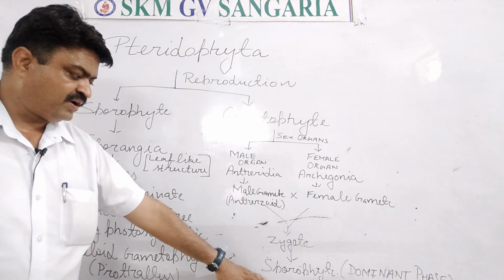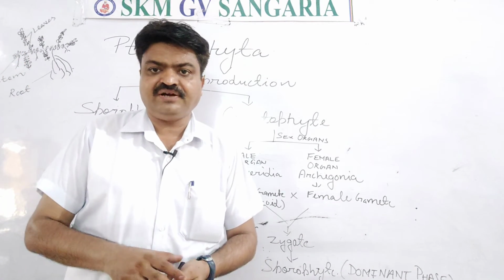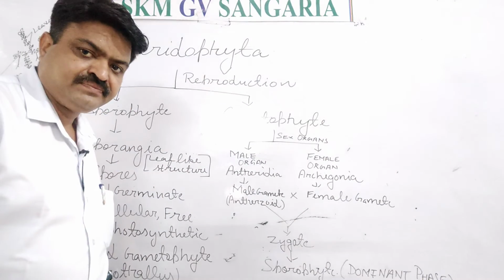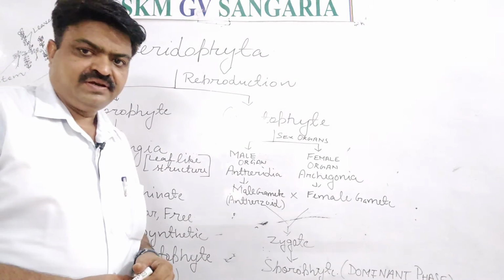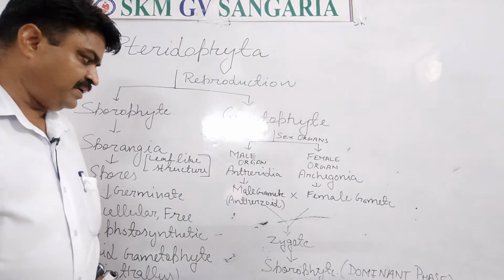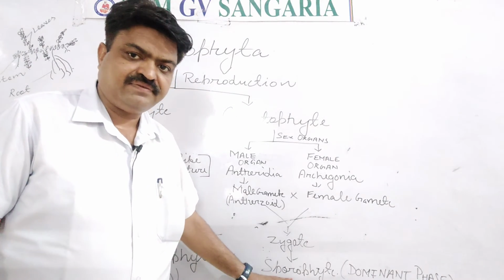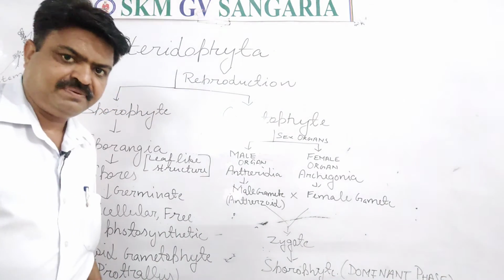That sporophyte is known as the independent plant, or it is also known as the dominant phase of the pteridophyte. Like this, the prothallus is known as the recessive phase or dependent phase, but this sporophyte is known as the independent phase.